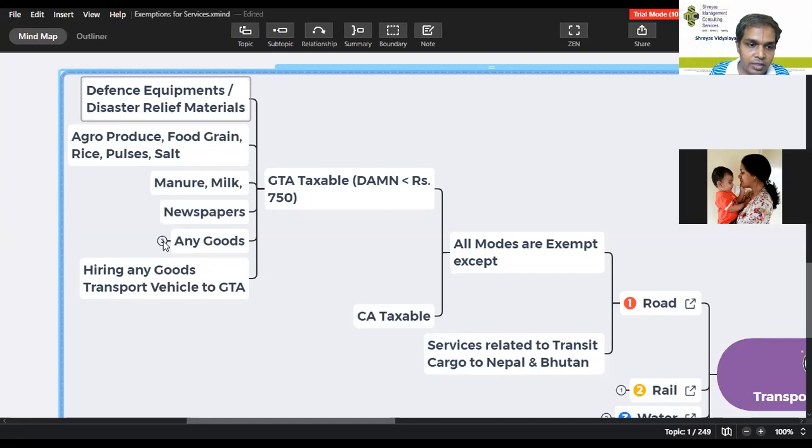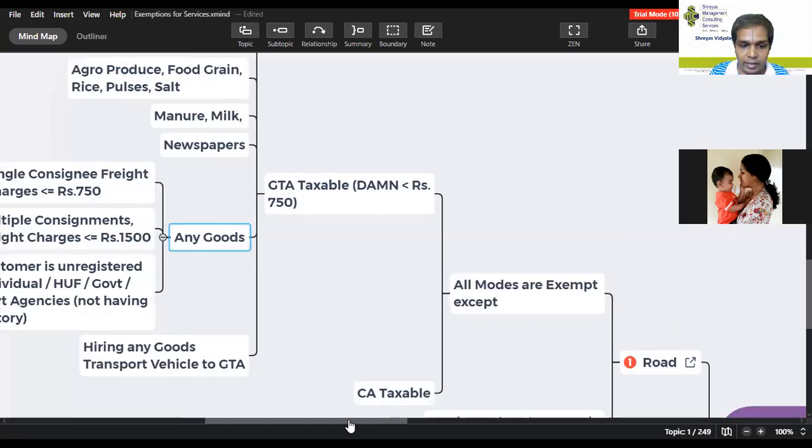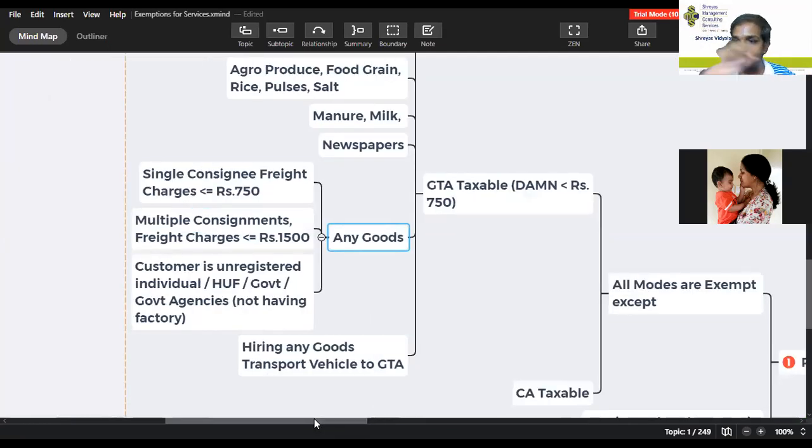Apart from that, for any products, they have given exemption based on the amount you are charging. So they have given exemption based on two criteria. One is what you are transporting, that is DAM. Second is how much you are charging, that is any goods. Irrespective of whatever goods you are transporting, if you are charging like this, you are exempt from GST.